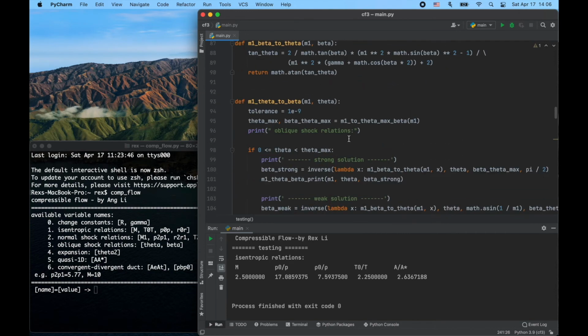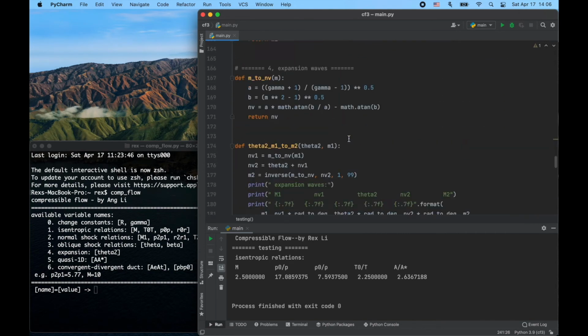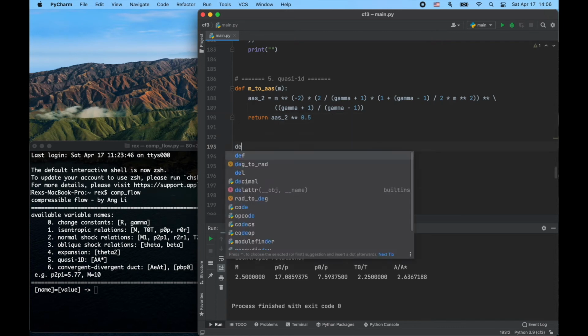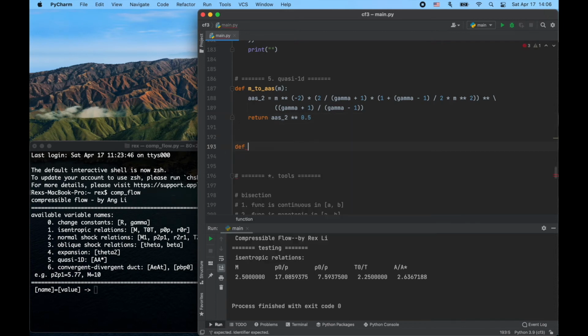Define A/A star to M. Okay, there are going to be two solutions. One is the supersonic solution. The other one is subsonic. So I'll just call this super, sub. The subsonic solution is going to be that.